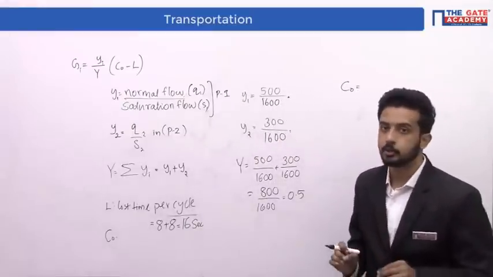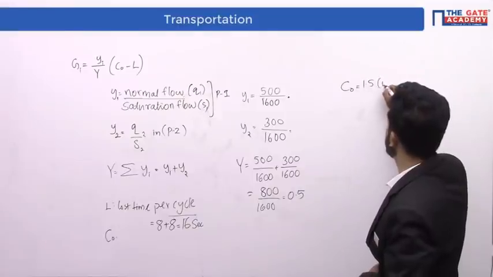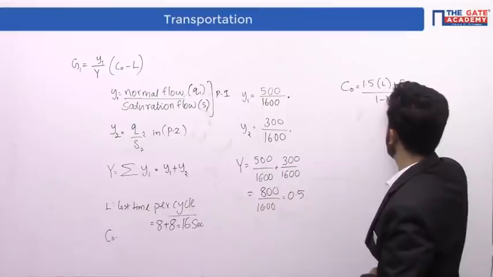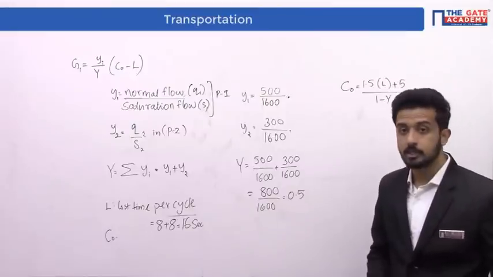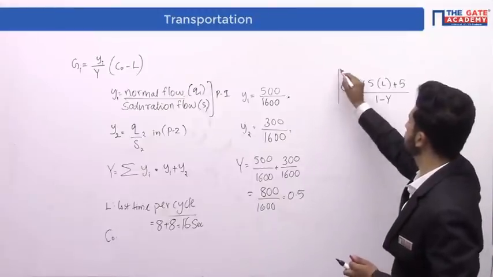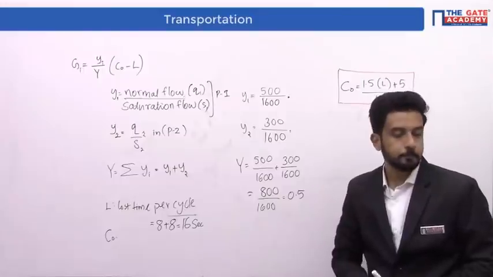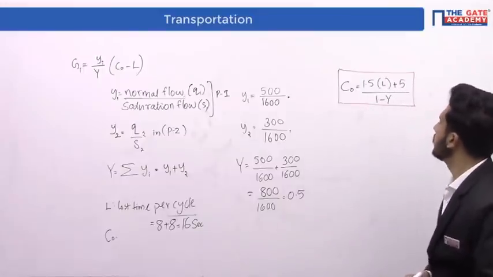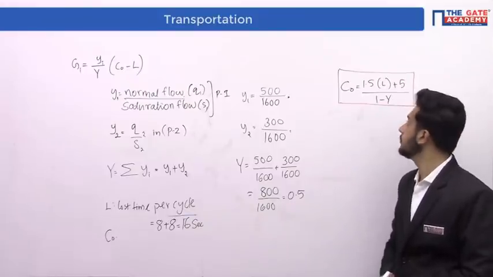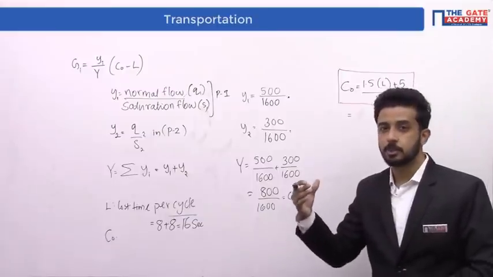Very important equation in transportation engineering for the GATE exam. Very important equation from transportation engineering from the GATE point of view. C0 is equal to 1.5 L plus 5 divided by 1 minus Y. So it is the optimum cycle time.